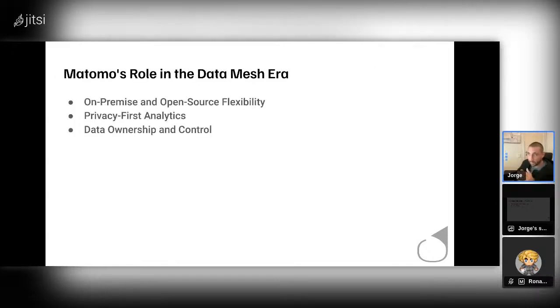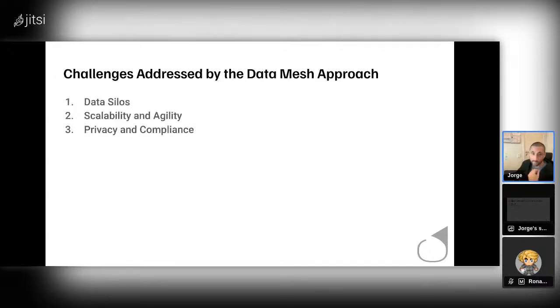Now, data mesh as a concept is still pretty new for me. I've been in IT for almost 15 years now, and data mesh was first coined in 2019, I think.